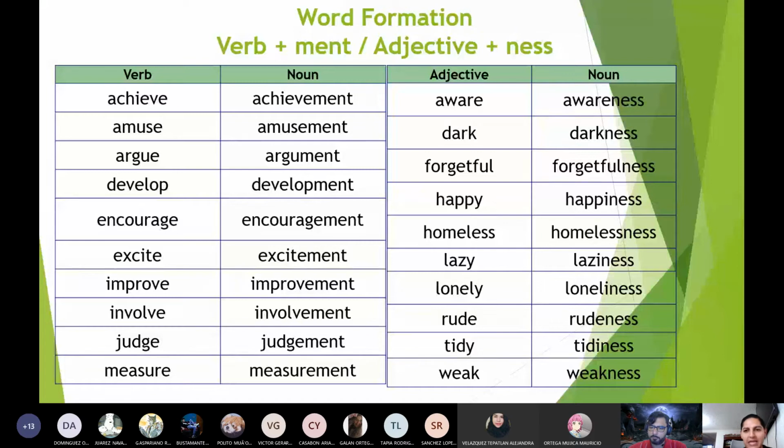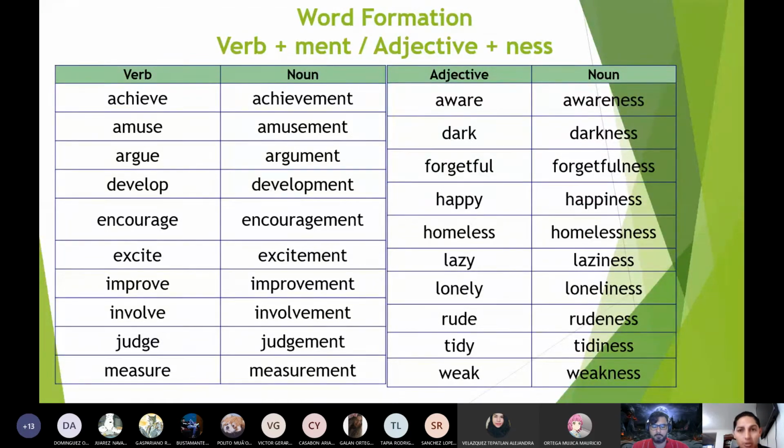Interesting, right? Lazy, laziness. Check how the words change in spelling from Y to I. Lonely, loneliness. Rude, rudeness. Tidy, tidiness. Weak, weakness. So in here, you can start working on your own patterns.